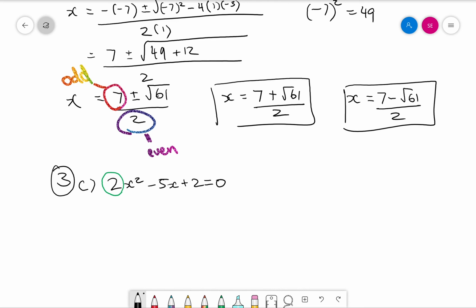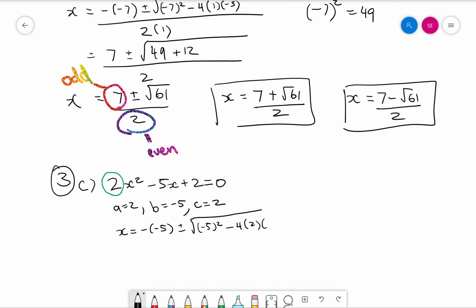Okay, so again, we have our a is equal to 2, our b is equal to minus 5, and our c is equal to 2. And let's just plug it into our formula. x is equal to minus b, so it's minus minus 5, plus or minus the square root of b squared, so minus 5 squared, minus 4 times a times c, over 2a.